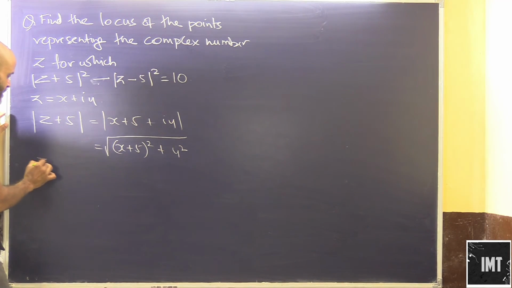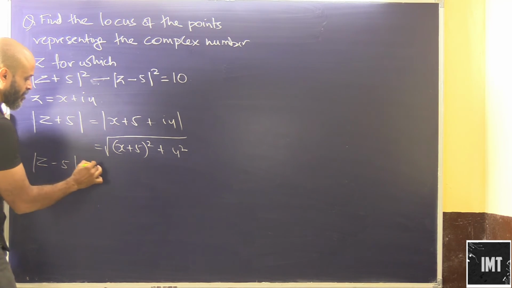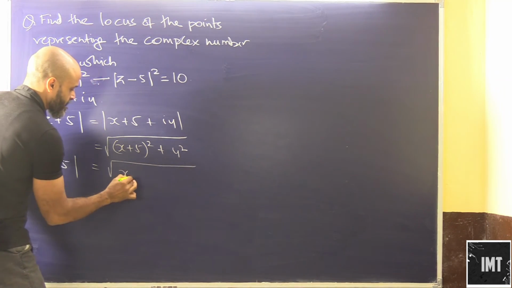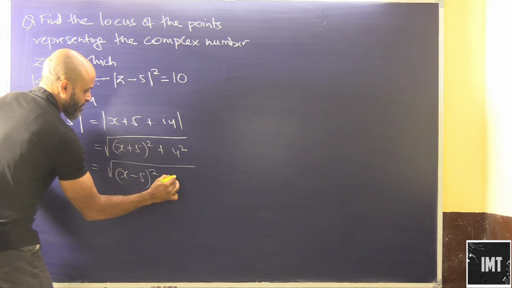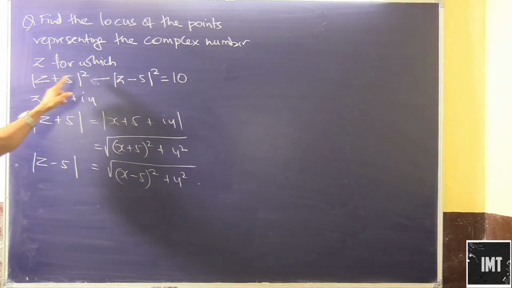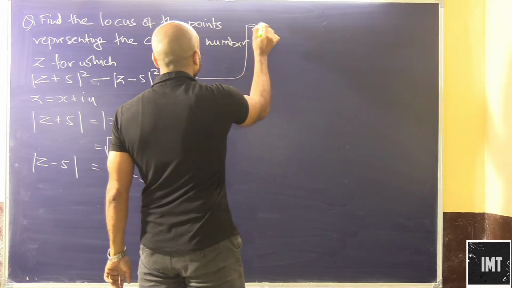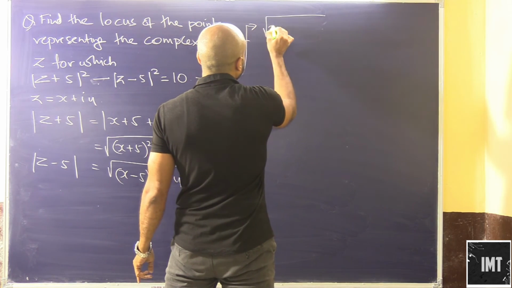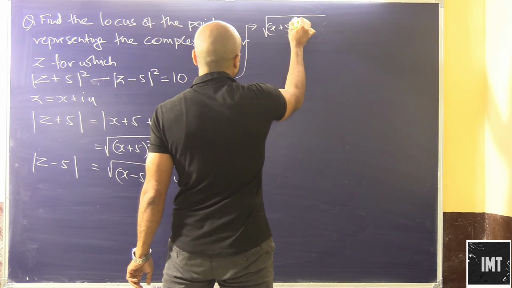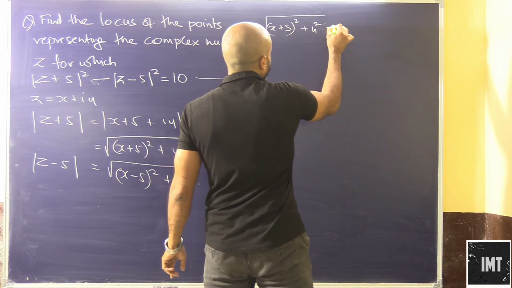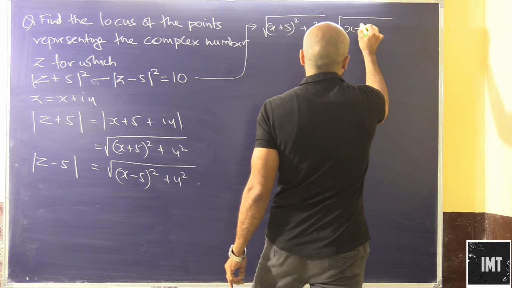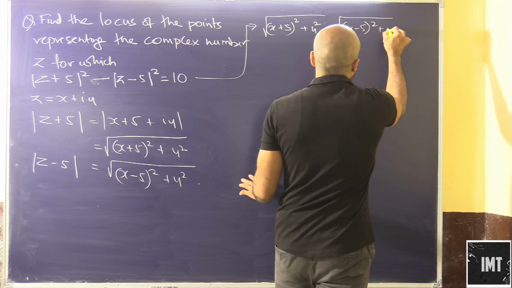And in a similar way, mod z minus 5 will be equal to under root of x minus 5 square plus y square. So if I take this here, this will be equal to under root of x plus 5 square plus y square minus under root of x minus 5 square plus y square.